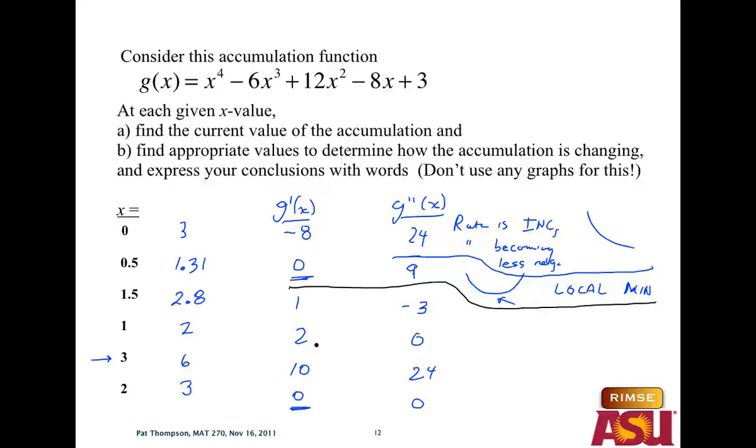What do you think about that, Danny? I think you meant it the other way, where we're changing at that point. But either way, the rate's positive, so the first derivative is positive.